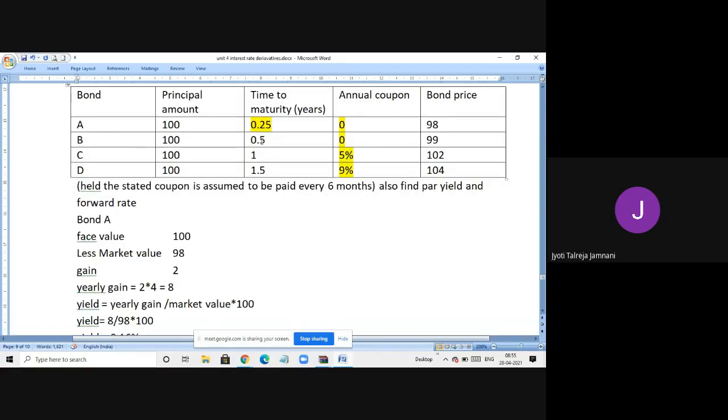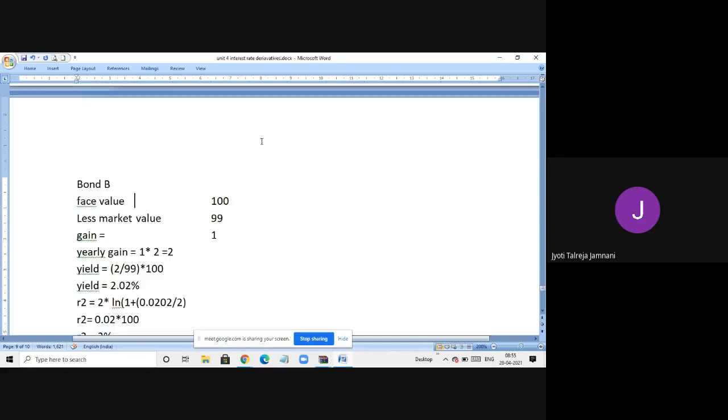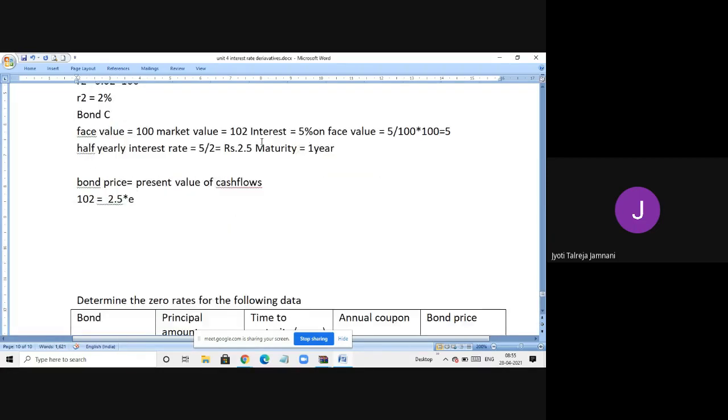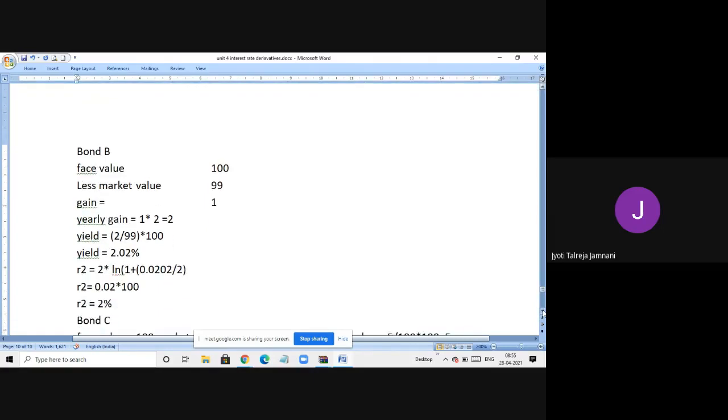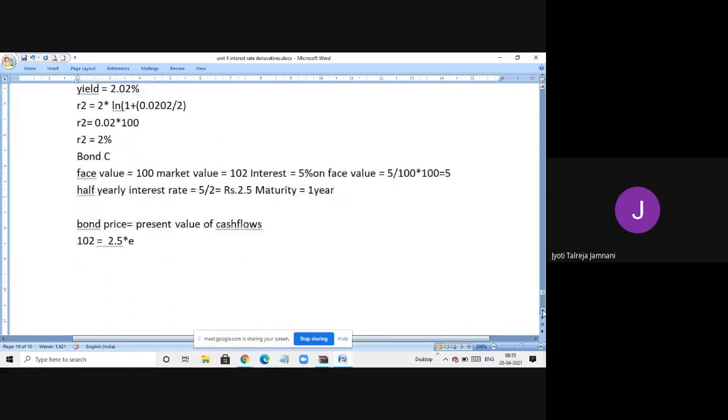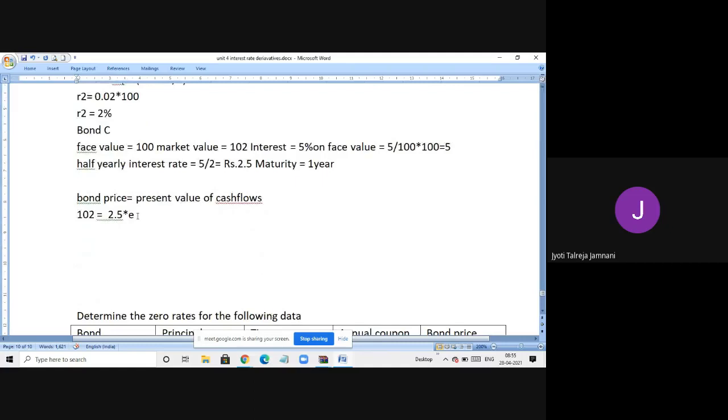So whatever rate we got for bond B, we can take as the continuously compounded rate R2 value. For bond B we got R2 as 2%, so we can take r as 2% in this equation. So 2.5 into e raised to minus 0.02 into 6 by 12, because after 6 months we are giving this interest.